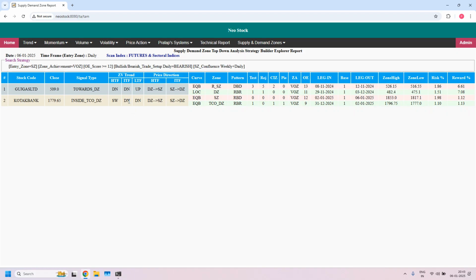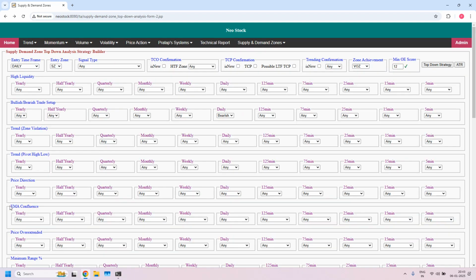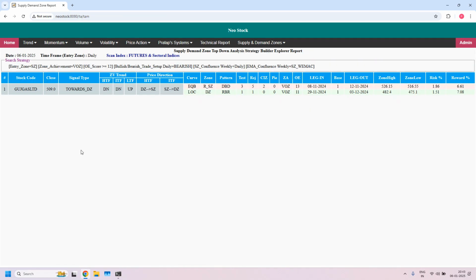Let us verify whether any of these zones have weekly EMA confluence, because the weekly trend is down in both these stocks. So in the EMA confluence, weekly time frame, weekly supply zone having weekly EMA confluence. So this stock Gujarat Gas is having, it is a high probability setup. That's why I already tested 3 times.